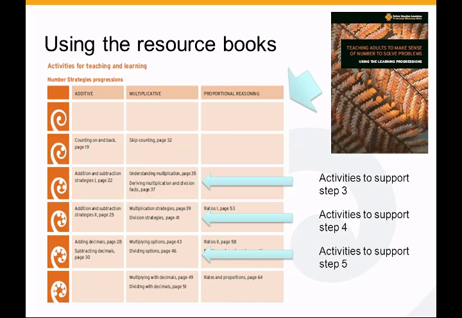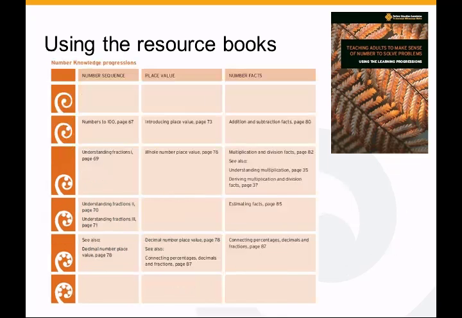And the idea here is that you're not just lumping step 5 activities onto learners who perhaps don't have those skills yet, but you're carefully scaffolding it. The same can be said with the knowledge part of the strand.